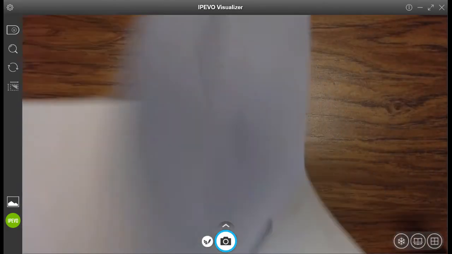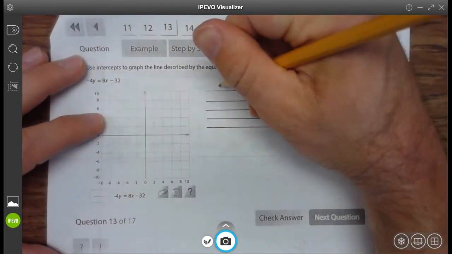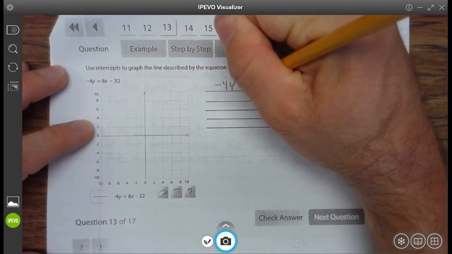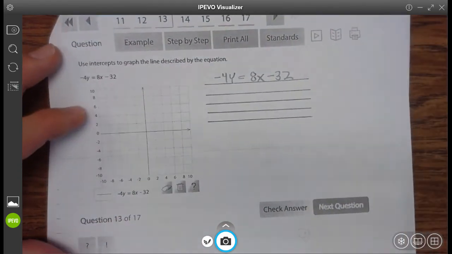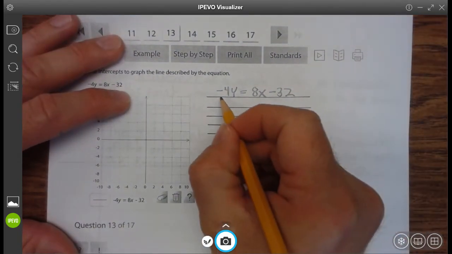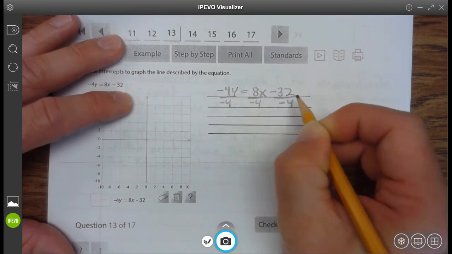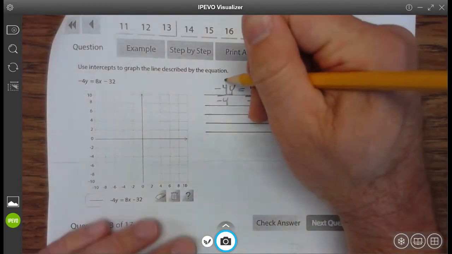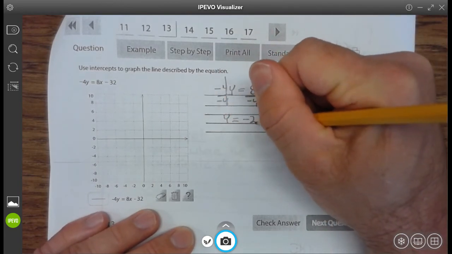All right, let's take a look at the last example. Negative 4y equals 8x minus 32. We're going to solve for y, so we're going to divide everything by negative 4. Negative 4 divided by negative 4 is 1. You get y equals 8 divided by negative 4, which is negative 2x.